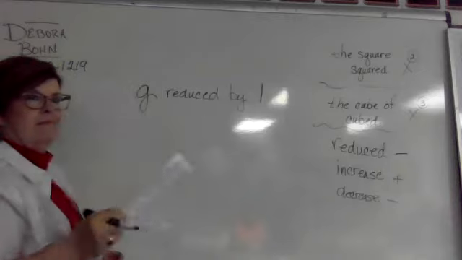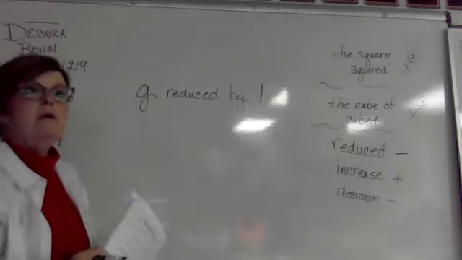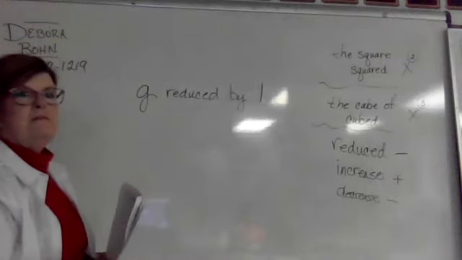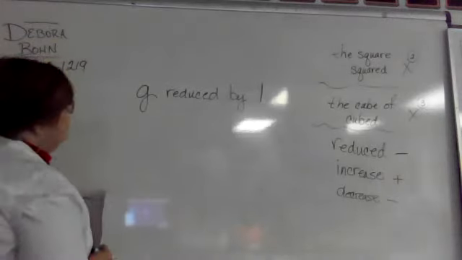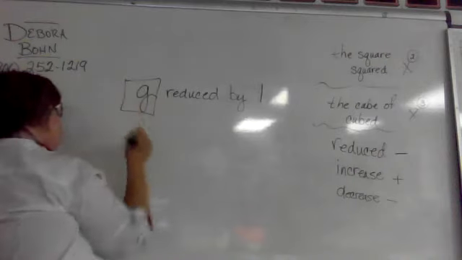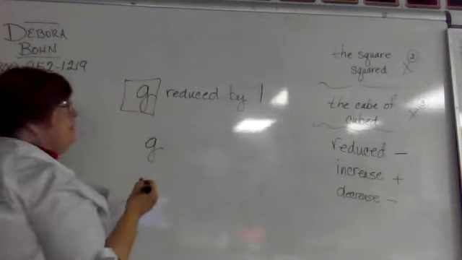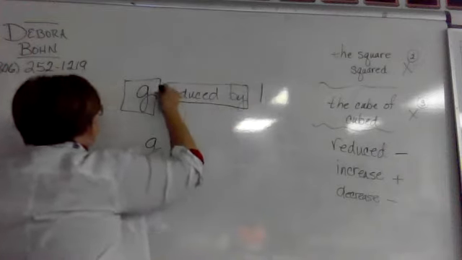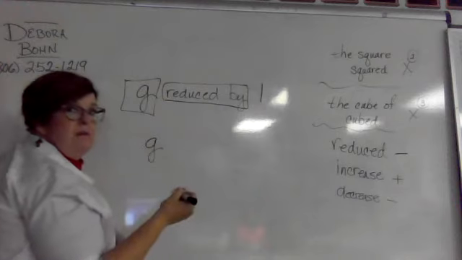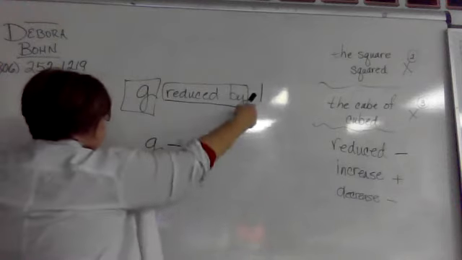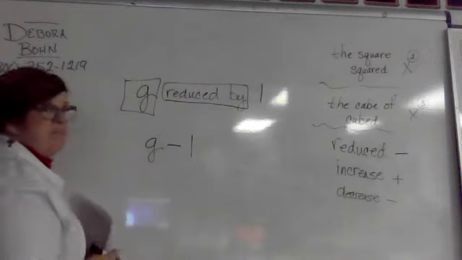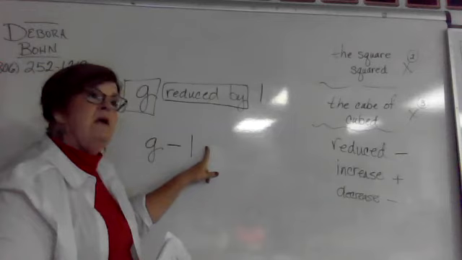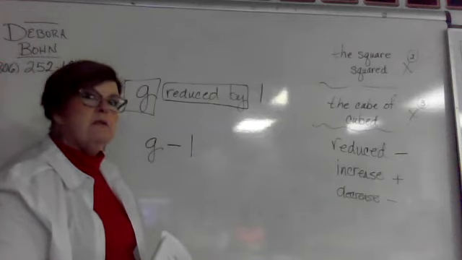Okay. So, you know you're going to write down a G, right? That's the variable. Reduced. What does reduced mean? Minus. These are expressions because they don't have an equal sign. That's why we're not solving these.